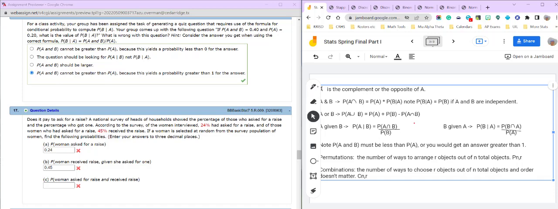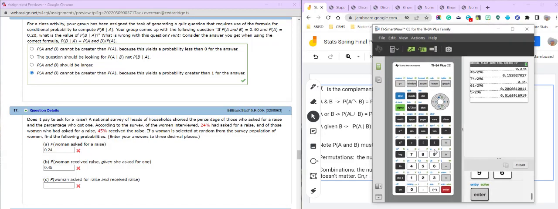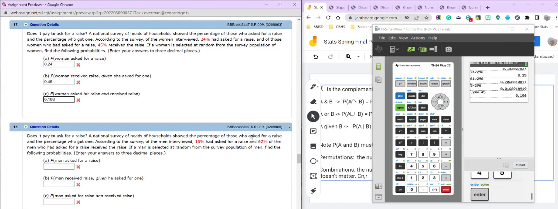So we can just multiply these two numbers together. And so I'm going to go 0.24 times 0.45. Make sure you do decimals, don't do percents, it won't work. 0.108. That's kind of small, I know, I apologize. And we'll submit this.